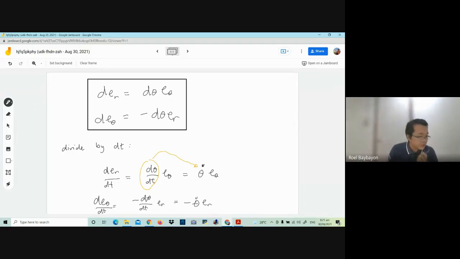I can also write this in terms of dot notation: e_r dot equals theta dot e_theta, and e_theta dot is equal to negative theta dot e_r.